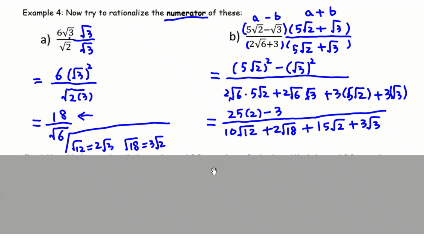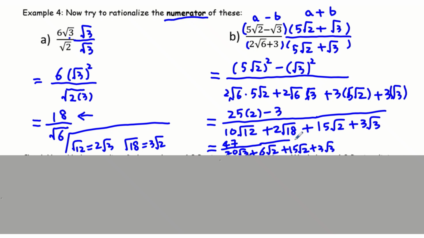Then we are going to have 50 minus 3 gives you 47 all over 10 times 2 is 20 square root 3 plus 2 times 3 is 6 plus 15 square root 2 plus 3 square root 3.